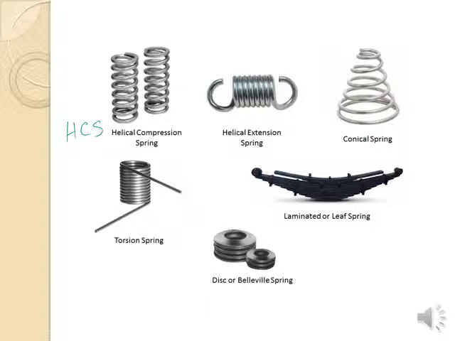But what you notice, the cross section is the same, constant. The other thing that in this one I just want to show you is that the distance between these two is called the pitch of the spring.